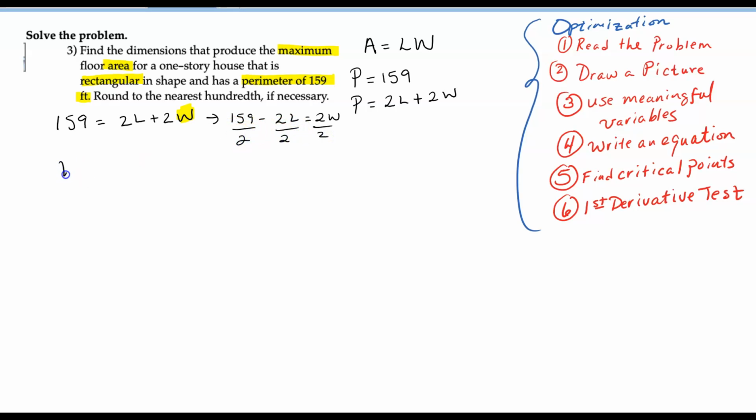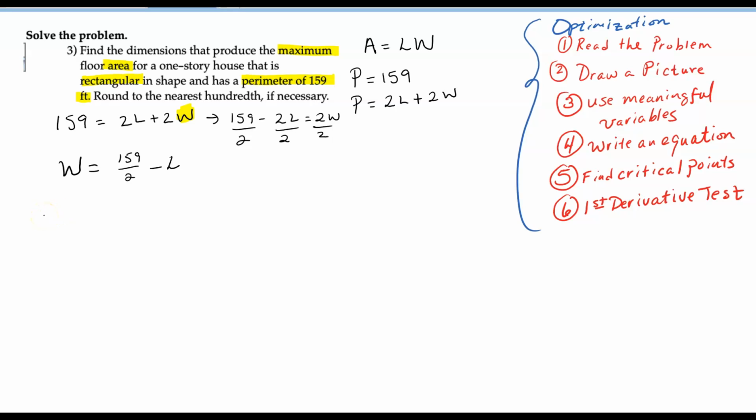And I do it just like that. So in the end, my width formula is W equals 159 over 2 minus L. And so now that I've got this, this is the function that I want to optimize and take the derivative of.